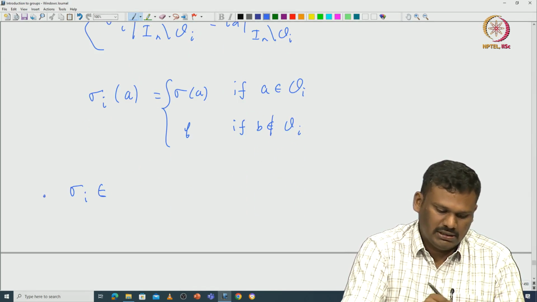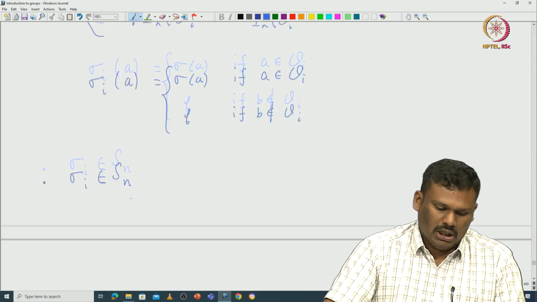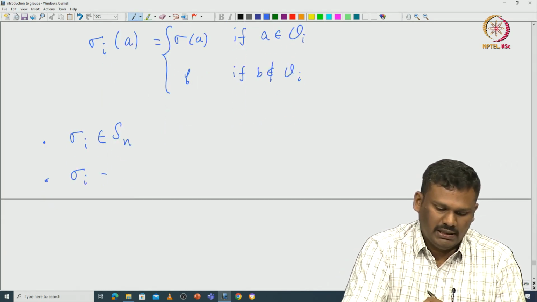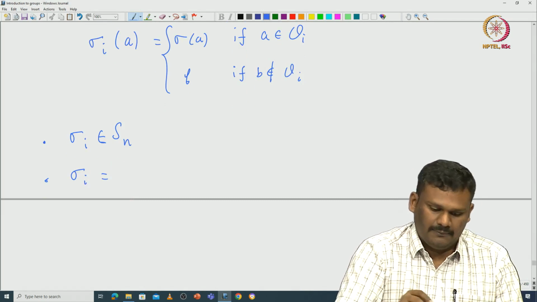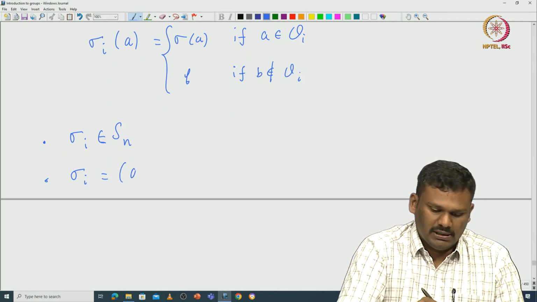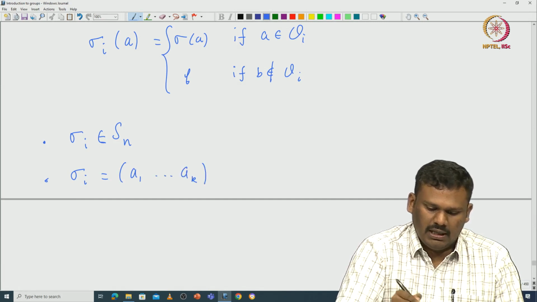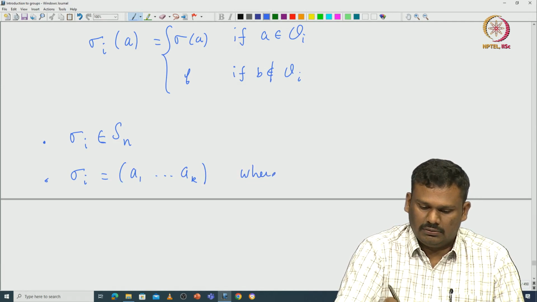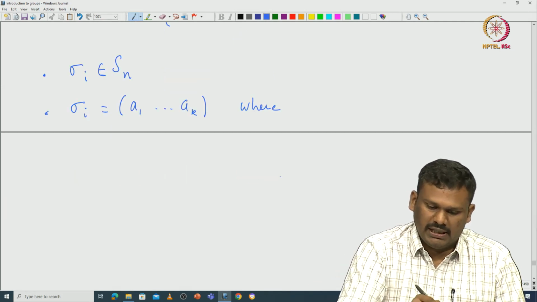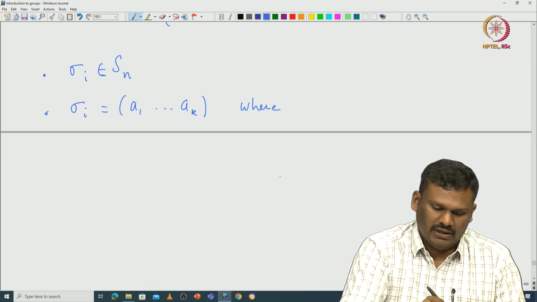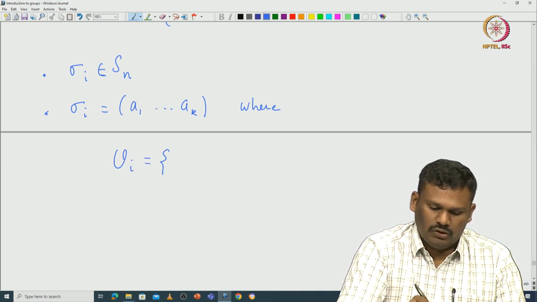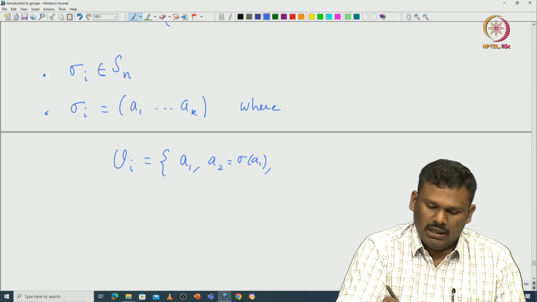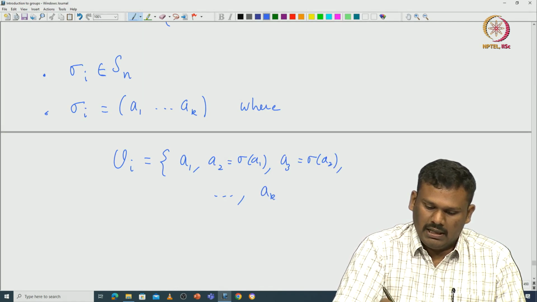Not only that, sigma_i is indeed a cycle of length k. So sigma_i is the cycle (a_1 ... a_k), where O_i is given with a_1, a_2 is sigma of a_1, a_3 is sigma of a_2, and so on, and a_k is sigma of a_{k-1}.